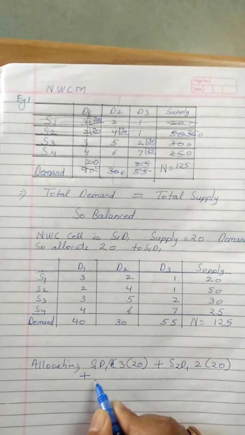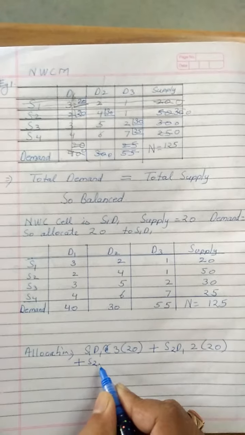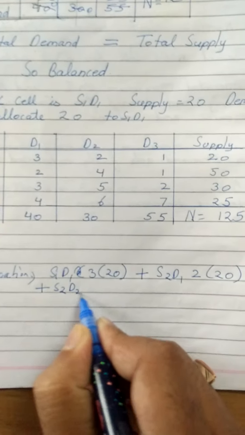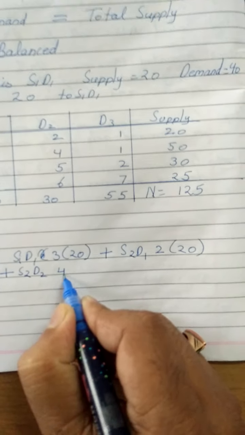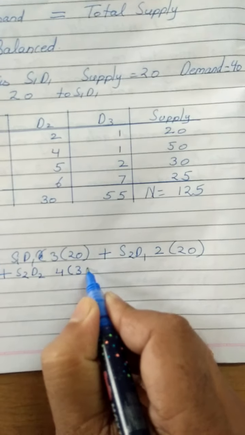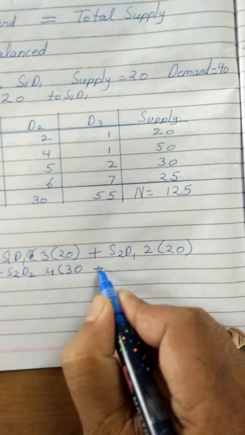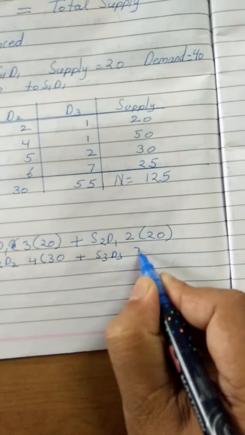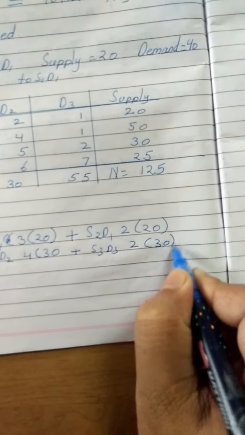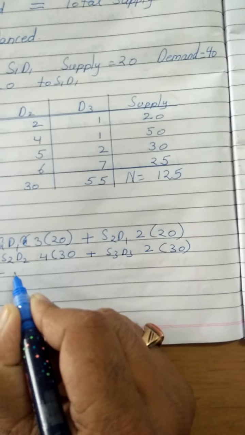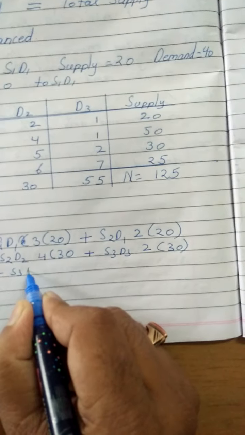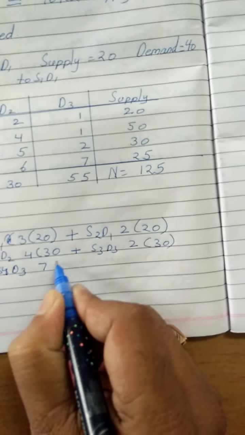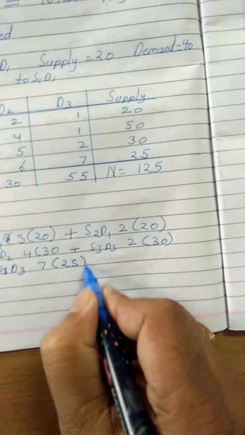Plus S2 D2, its cost is 4, units is 30, plus S3 D3, cost is 2, units is 30, plus S4 D3, cost is 7, units is 25.